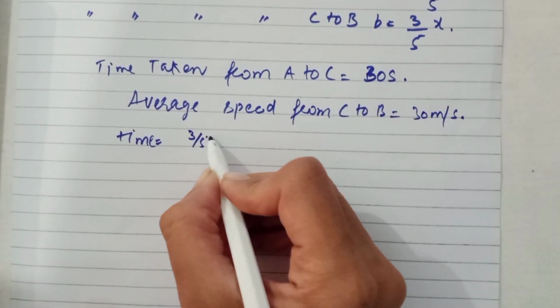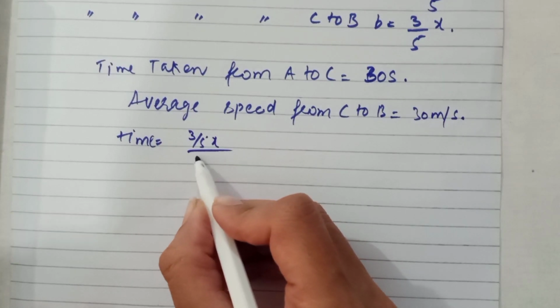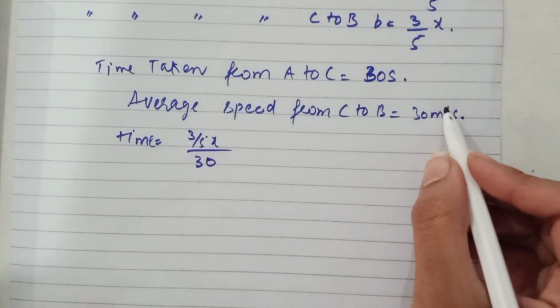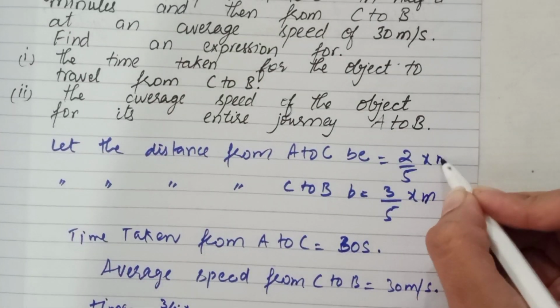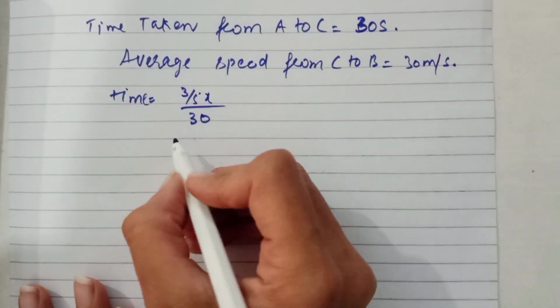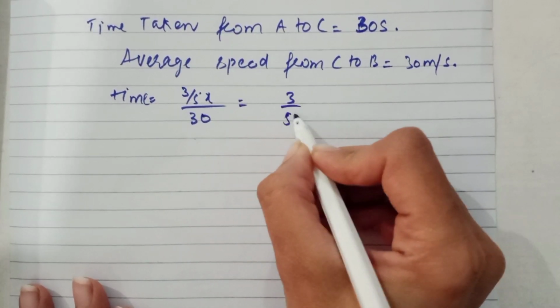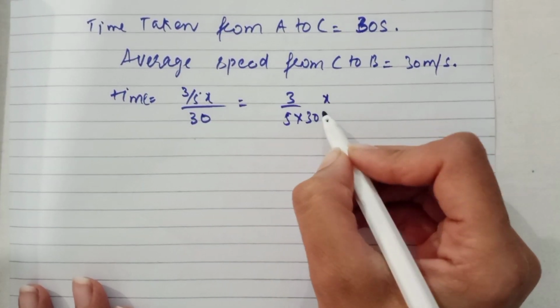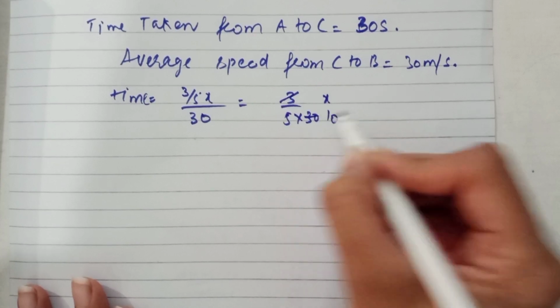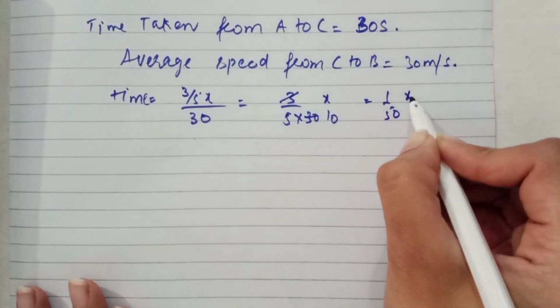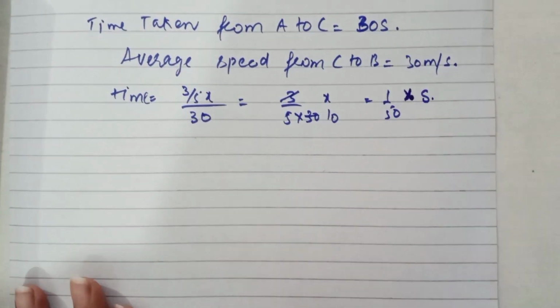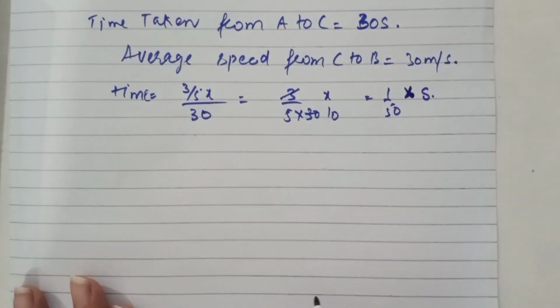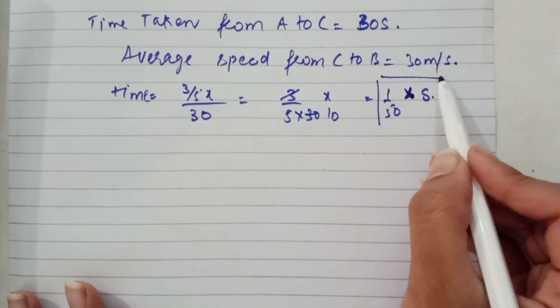Distance is 3 by 5x, and we have to divide it by speed, which is 30, and this is in meters. So 3 by 5, 30, and we get 1 by 50x seconds. That is the time. We have to find an expression, and that is the answer of part number 1.